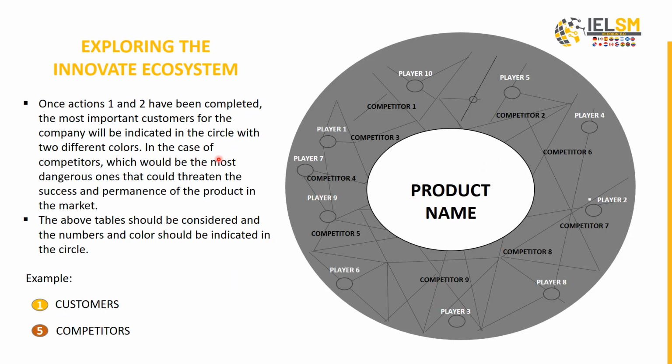The last task in Smart Money number 4 was the Innovate ecosystem. You have some figures here, and the student should have identified with colors. They are players. Players are the customers here in this figure, and the competitors, and the student writes the names of the competitors or players with a color.